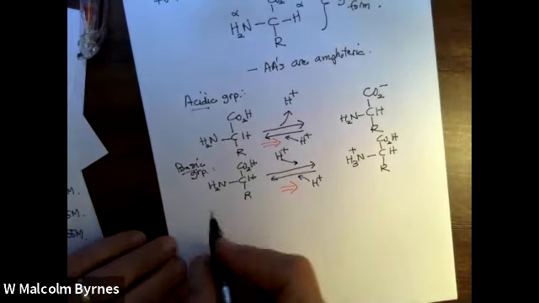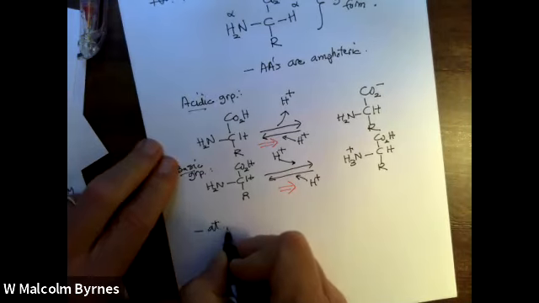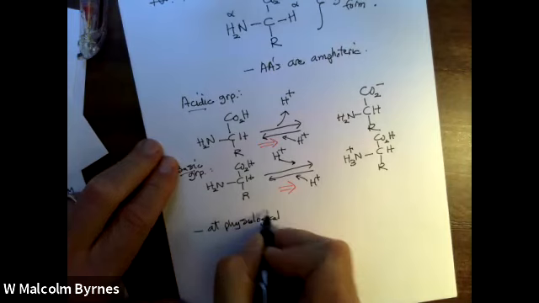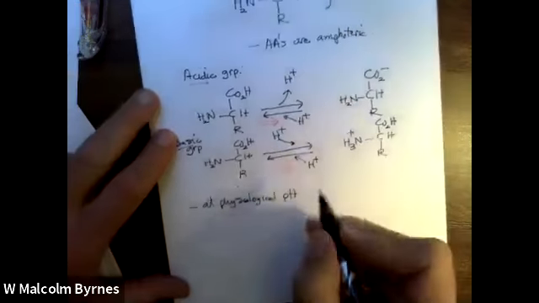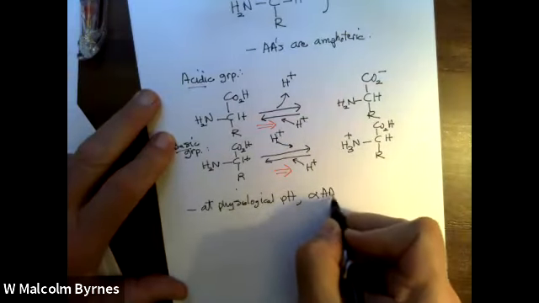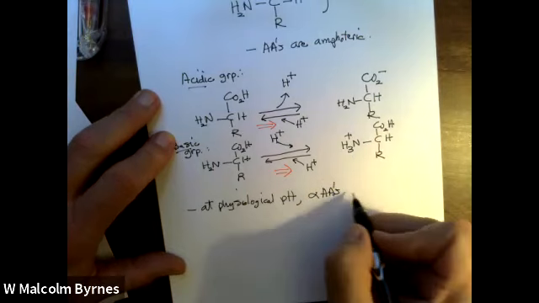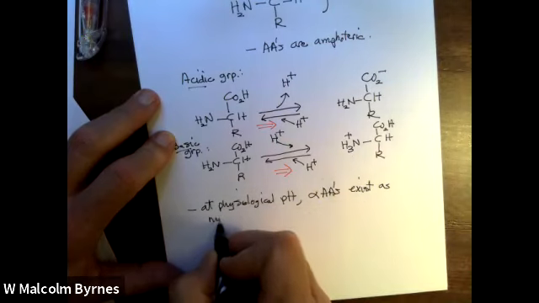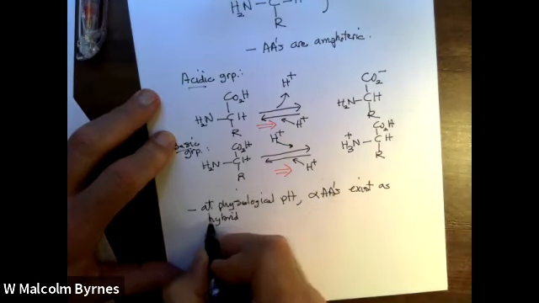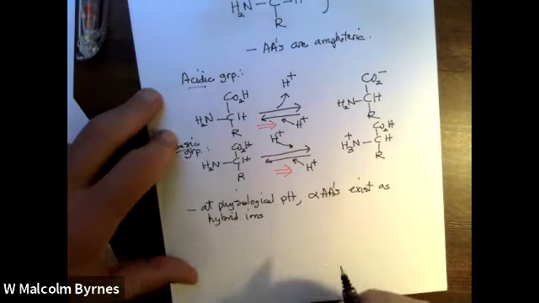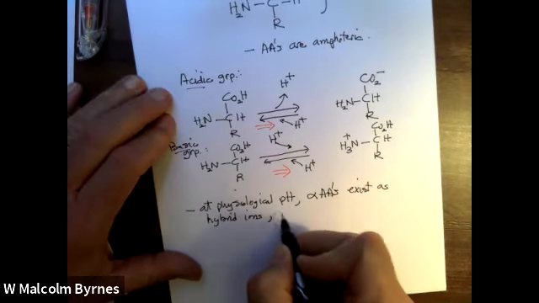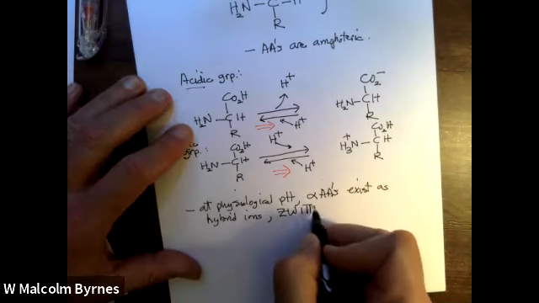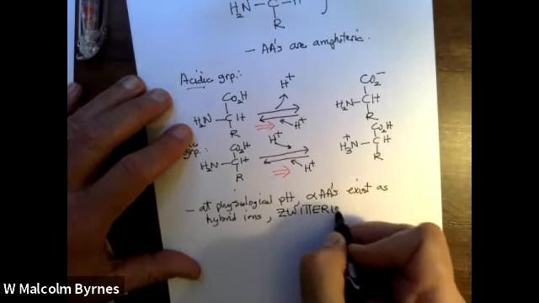Now, what this also means is that at physiological pH, the alpha amino acids exist as hybrid ions with both a positive and negative charge, known as Zwitter ions, Z-W-I-T-T-E-R, Zwitter ions.